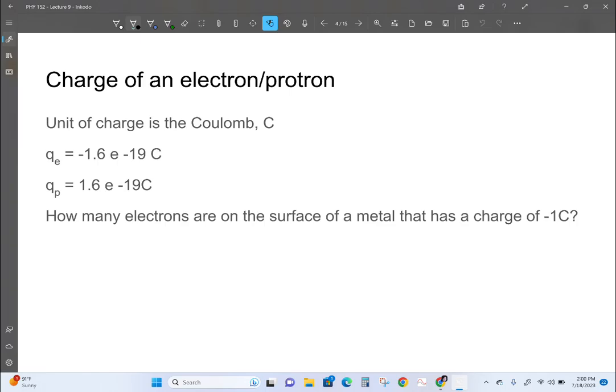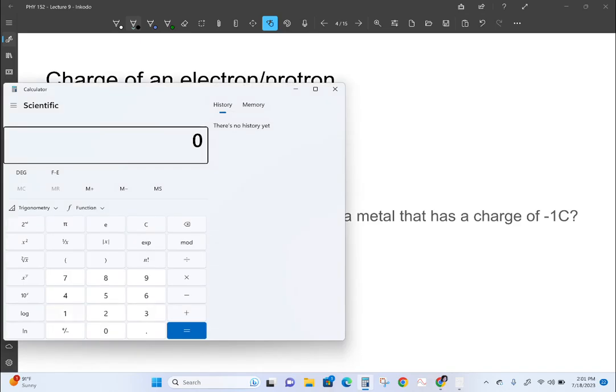So for example, if we have something that has a total of 1 coulomb of negative charge, we can figure out how many electrons are in that, because we can take that total charge of negative 1 coulomb, and we can divide it by the charge of 1 electron. So 1 divided by 1.6 e to the negative 19.